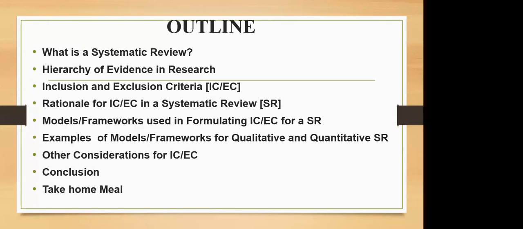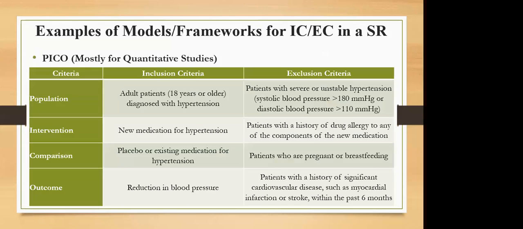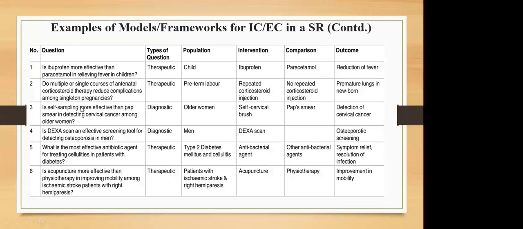When you look at some of the examples that I've outlined here, in these examples you see some of the questions. All the questions in these particular examples were formulated using the PICO framework.